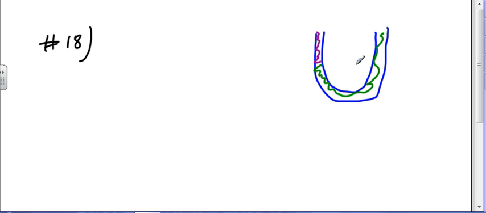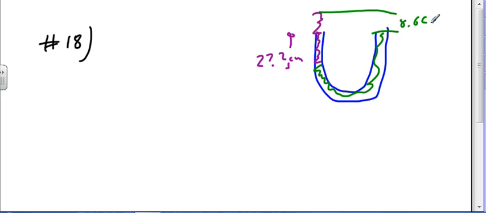And I see that I have 27.2 centimeters of the oil, and the difference between the top of the oil and the top of the water is 8.26 centimeters.